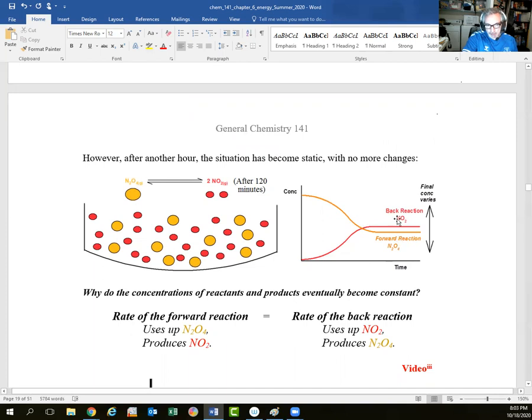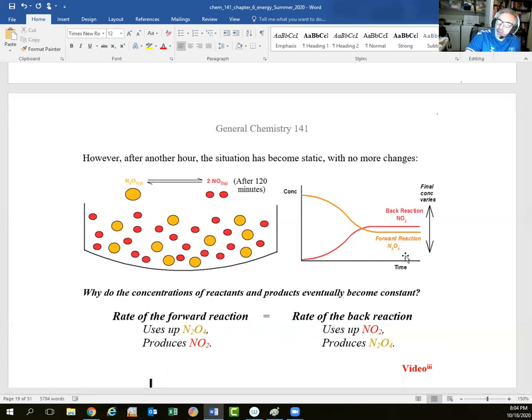But somewhere along this axis, we will see it plateau out. Maybe we still finish up with more N2O4, or maybe we finish with even less than the graph suggests. Depends on the conditions. But the graph does plateau out. The concentrations of all chemicals no longer change.